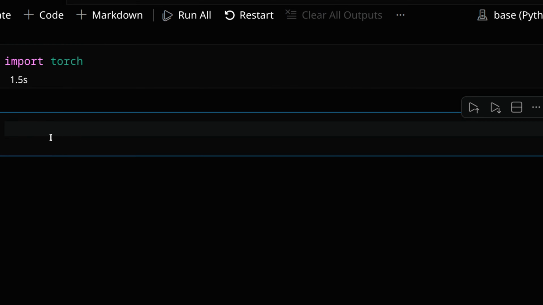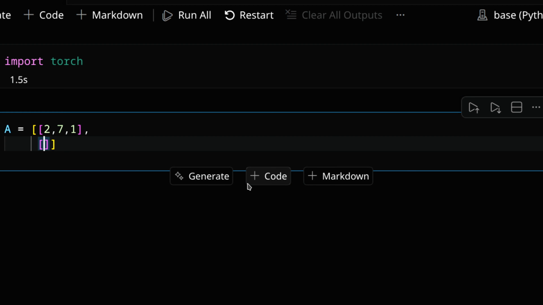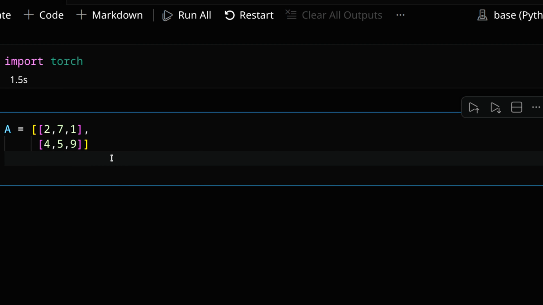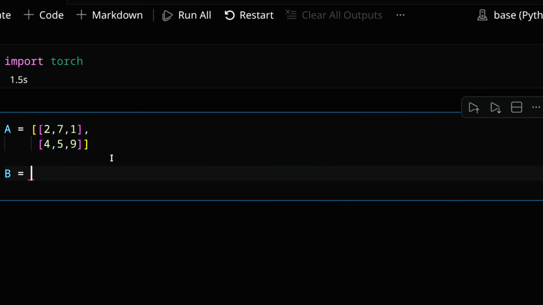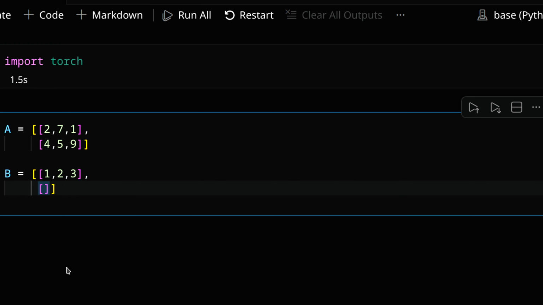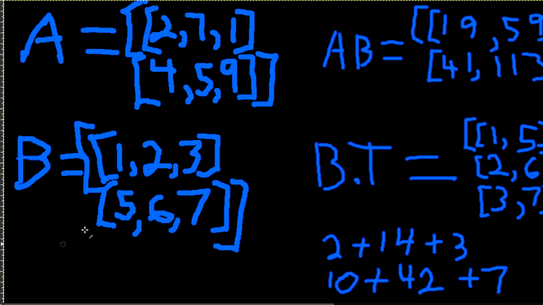Now I'm going to make matrix A equal to 2, 7, 1, 4, 5, 9. So that's matrix A. Matrix B is 1, 2, 3, 5, 6, 7.